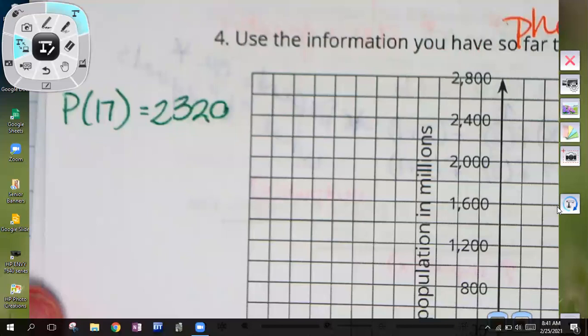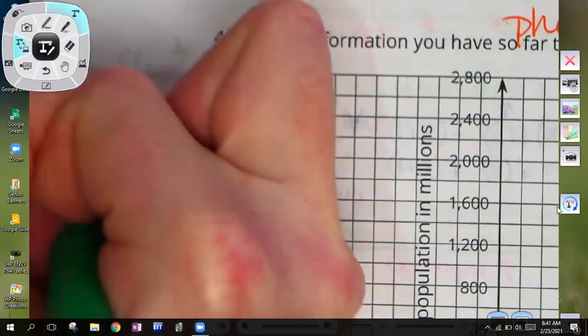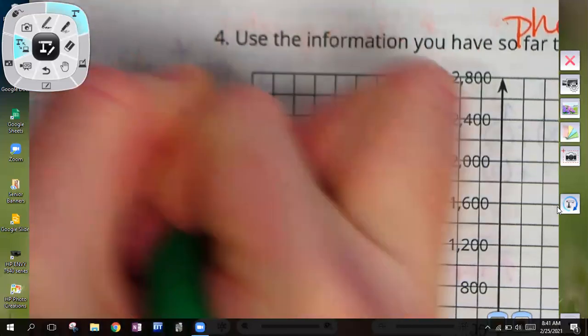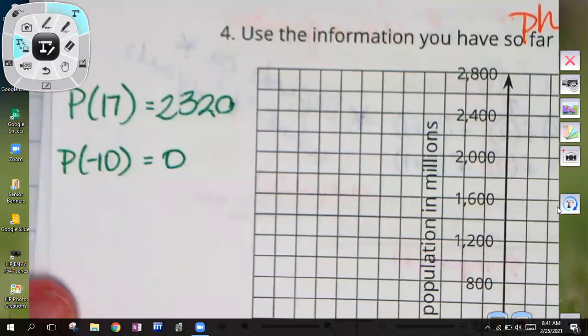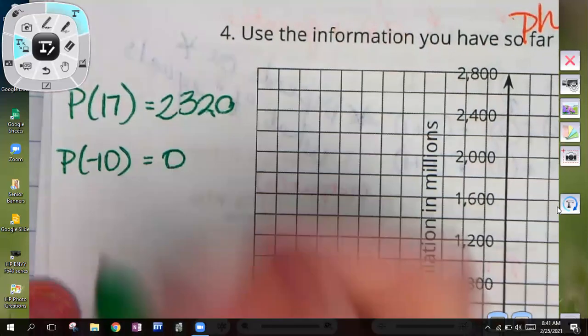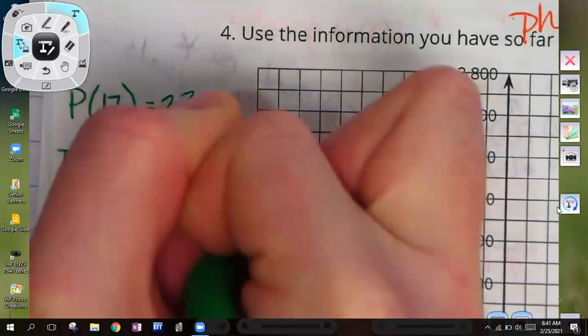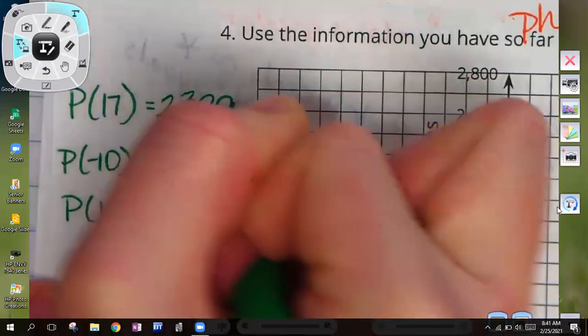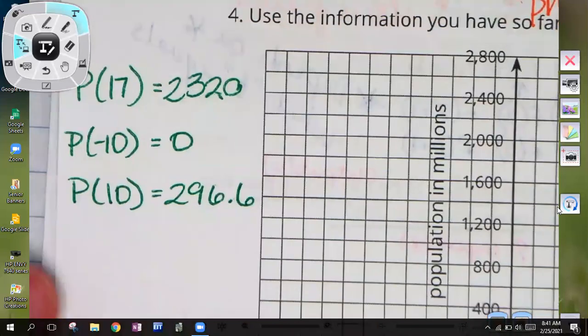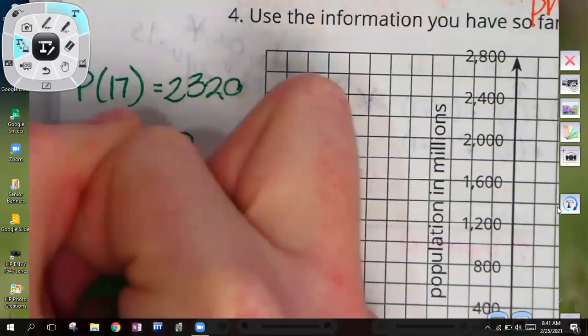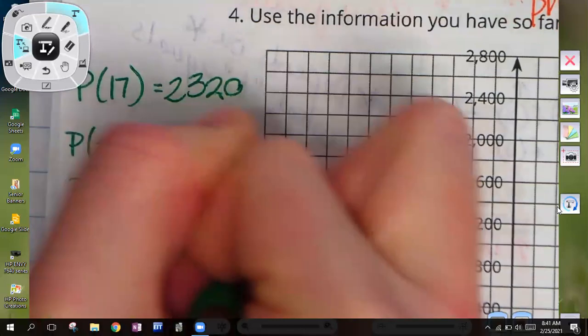All right, then you had P of negative 10 equals 0. You had P of 10 equals 296.6. And P of 15 equals 1,860.